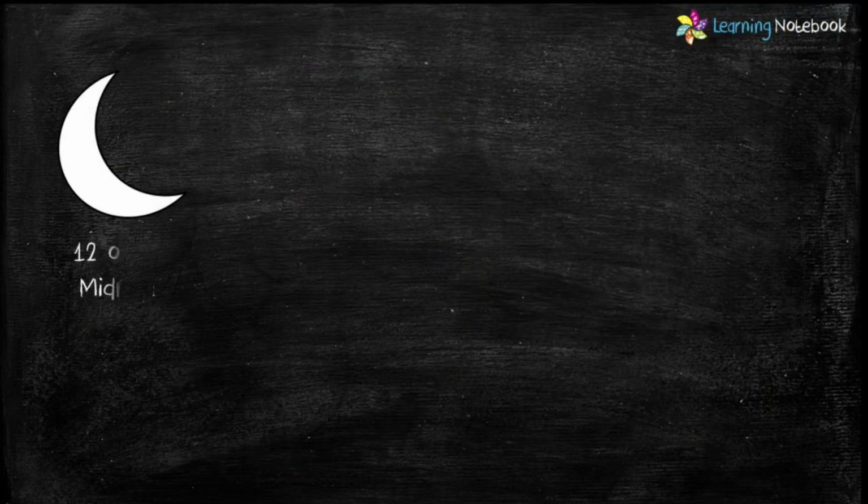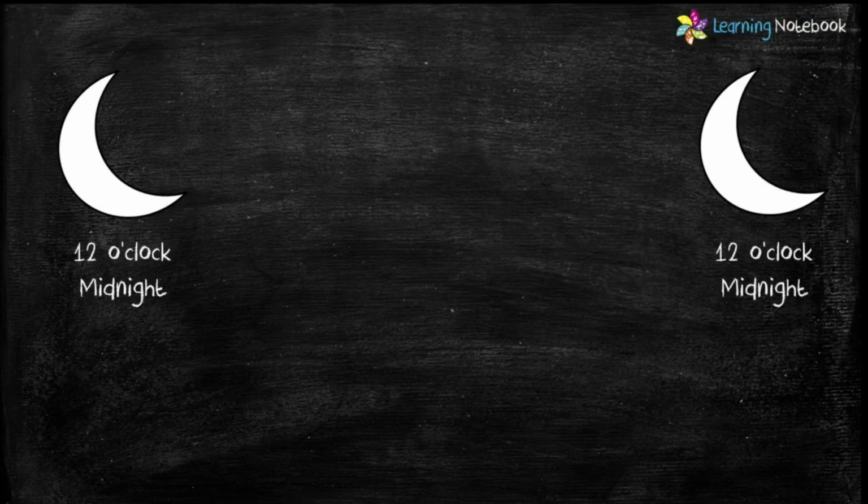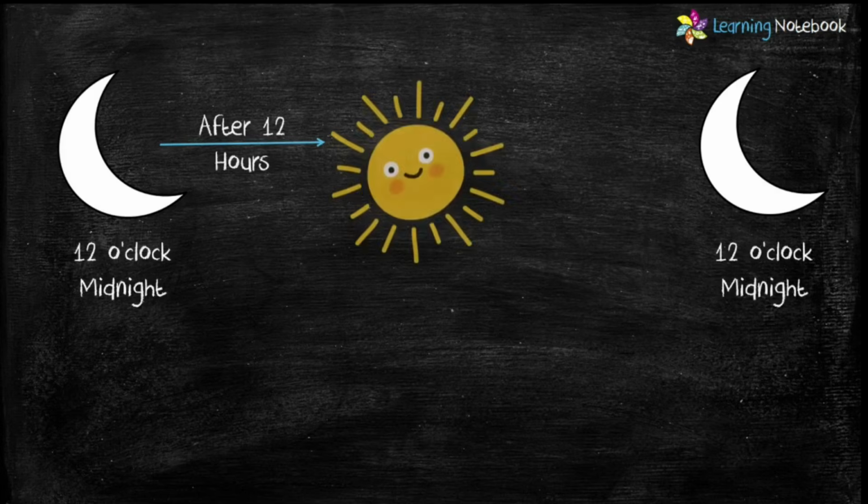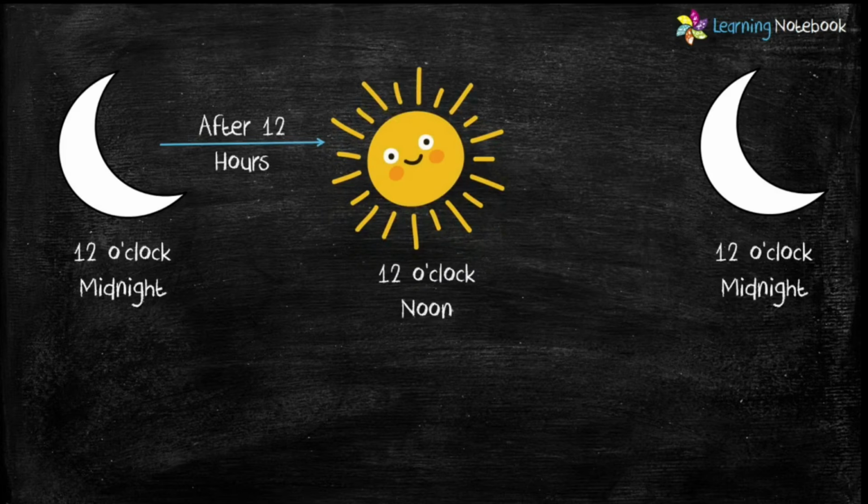Students, a new day begins at 12 o'clock midnight and it ends at 12 o'clock the next midnight. In between, after 12 hours, we get 12 o'clock noon, and again after 12 hours, we get 12 o'clock midnight.